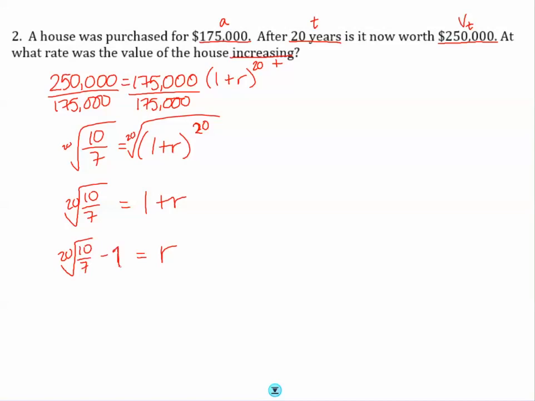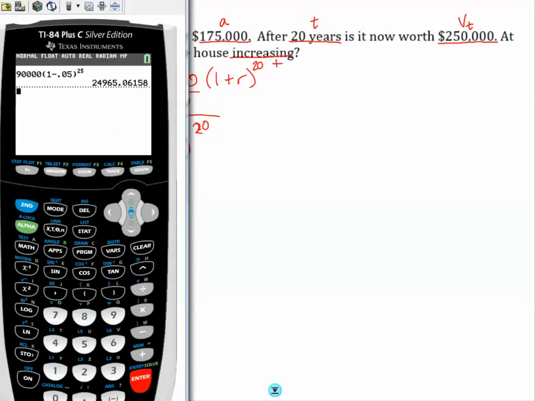Now we can grab our calculators and figure out what this equals. To type in the 20th root, you go to Math, then number 5, and it lets you type 20 as your index. And make sure you type the -1 outside of the radical.